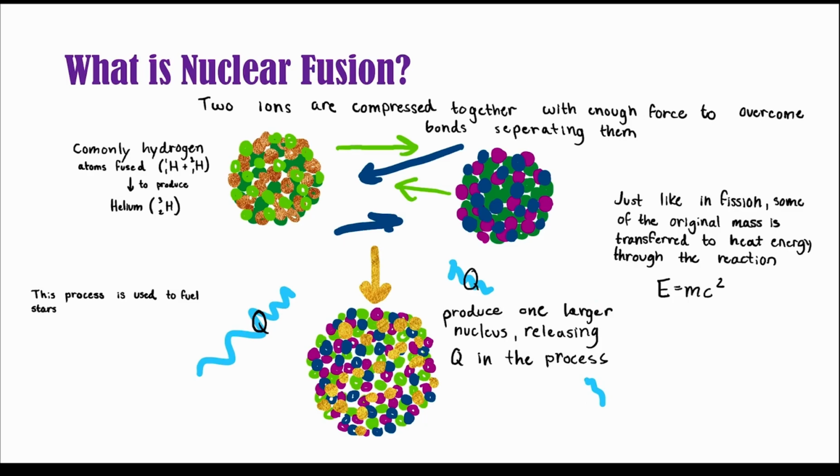So the best example we have of this is the sun. All stars are powered through nuclear fusion. So that heat and that mass and that pressure at the sun's core is great enough to produce nuclear fusion. And you can see how it would be really hard to do something similar on Earth because the sun is really, really hot.